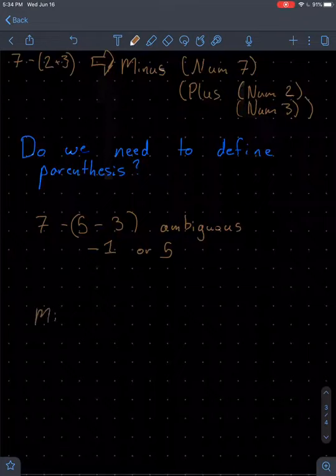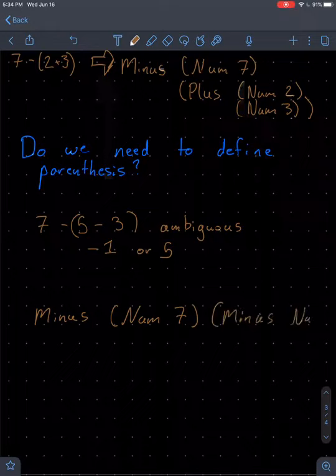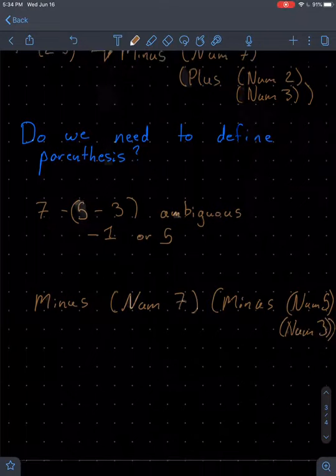I could write minus num7, and then another minus num5 and num3. That's one way I could write it.